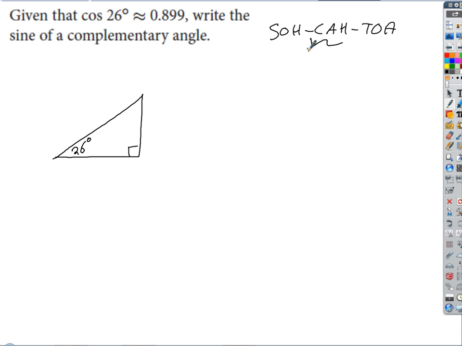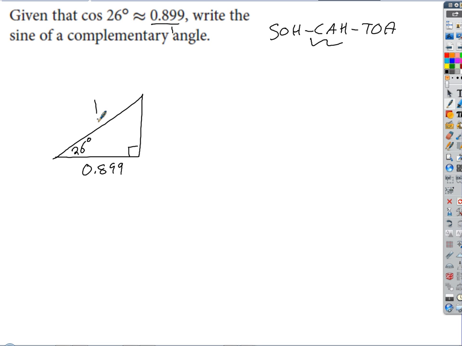Adjacent over hypotenuse. Okay, so how can I write 0.899 as a fraction? A bunch of ways I could do it, but let's just pick a really easy one. Anything divided by 1 is a fraction, right? So I could even just write it as 0.899 over 1 being the hypotenuse, right?